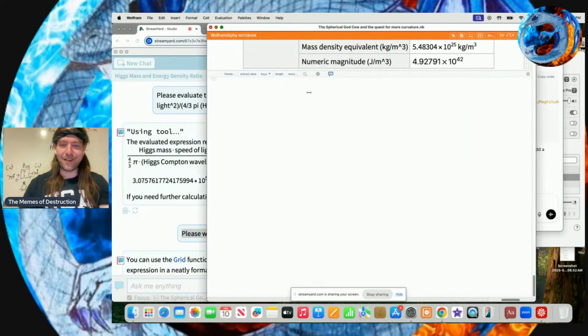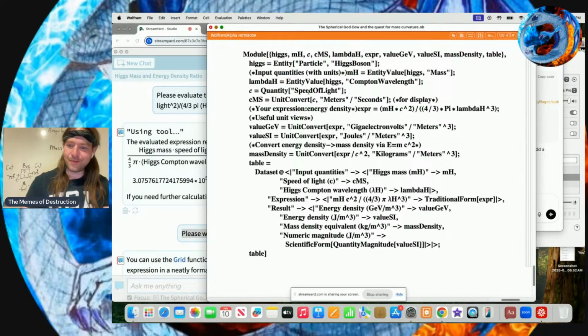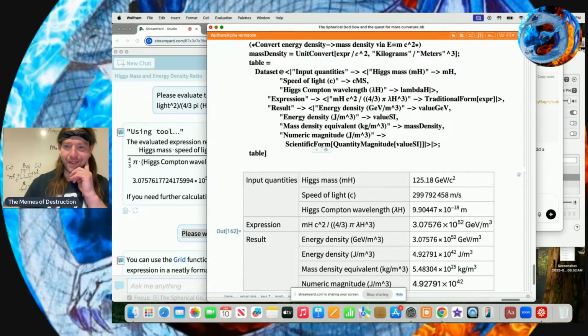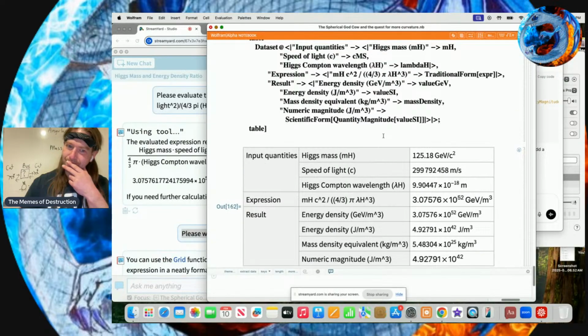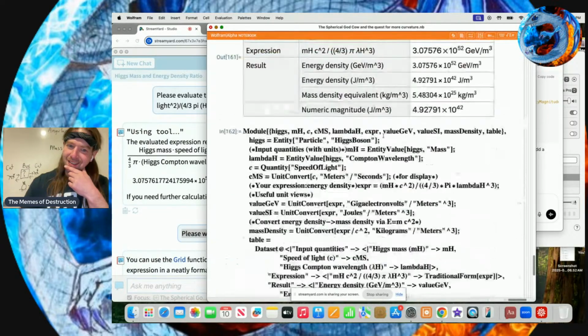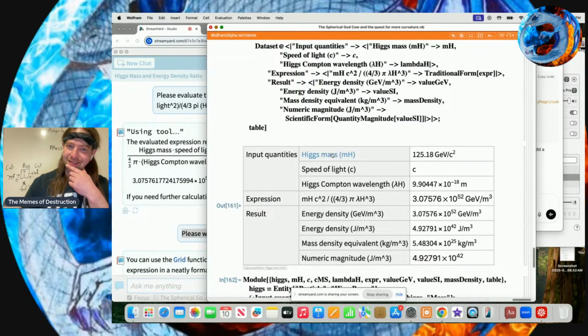Is this better or worse? I like going to the optometrist. Better or worse? Better or worse? Okay, it did it. Nice. Okay. Put quantities, our expression.